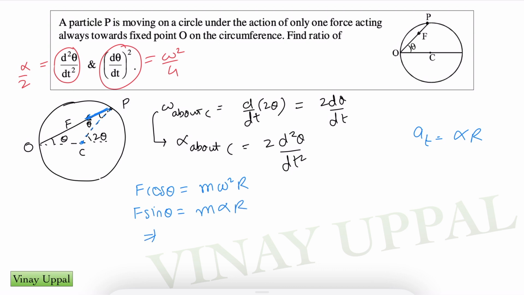So if I just divide, I'll get tan theta as alpha by omega squared, and what do I need? I need the ratio of alpha by 2 and omega square by 4. So alpha by 2 divided by omega square by 4 will be nothing but 2 tan theta, and that is your answer. So I hope you have understood how we related the rate of change of angle about some other point to the angular velocity of the particle about its center.